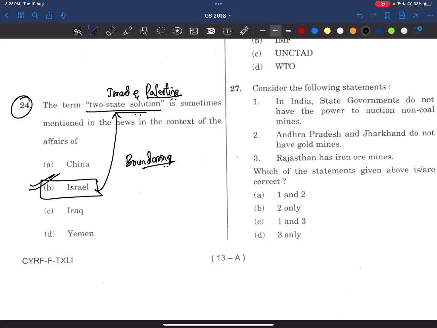And also Golan Heights is in use. It is occupied by Israel, and Golan Heights is in Syria. It is a conflict region between Syria and Israel. Tel Aviv is a port city of Israel. All these things are in use, that's why I am repeating them again and again. Even we have seen the question regarding the Mediterranean Sea, the bordering states.